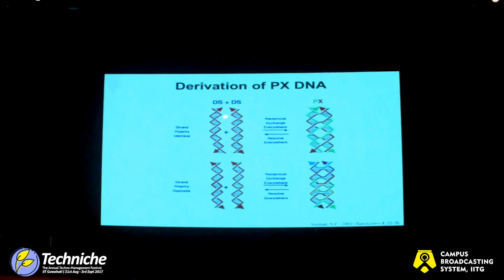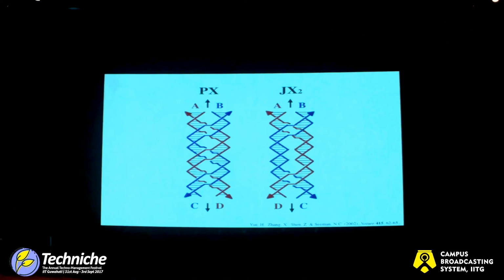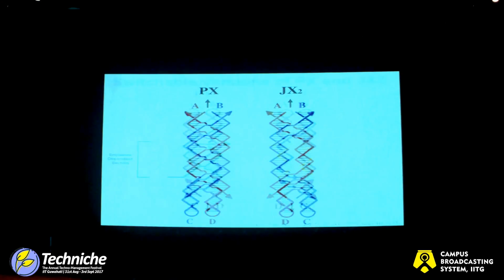And everywhere there's a point where these guys face each other, we've made a crossover. And over here, it looks like we have a turn and a half of blue double helix wrapped around a turn and a half of red. It's a little more subtle than that. But we have AB and CD down here. If I get rid of these 2 crossovers, then I have AB over here and DC down here. So we flipped it a half turn.